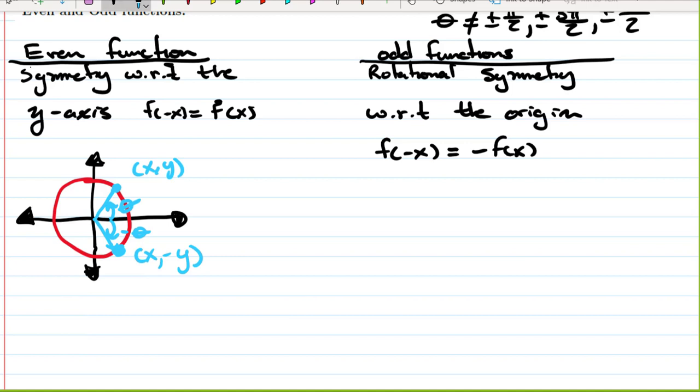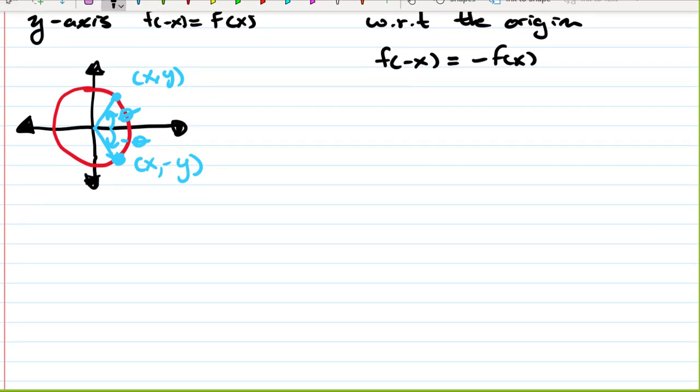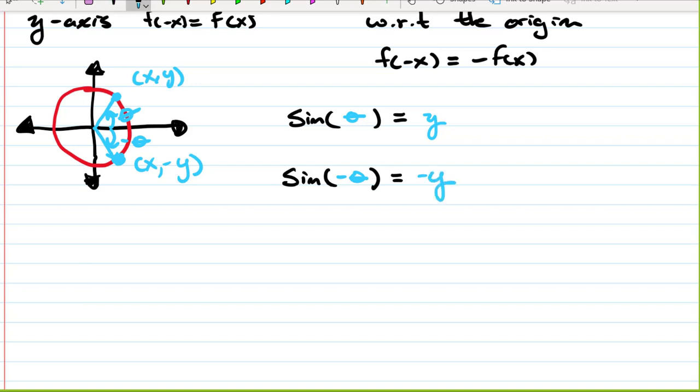If I look at the sine of positive theta, it is going to be equal to our y value. So the sine of positive theta is going to be positive y. And if I look at that same circle and ask, what is the sine of negative theta? Then I'm going to get negative y.